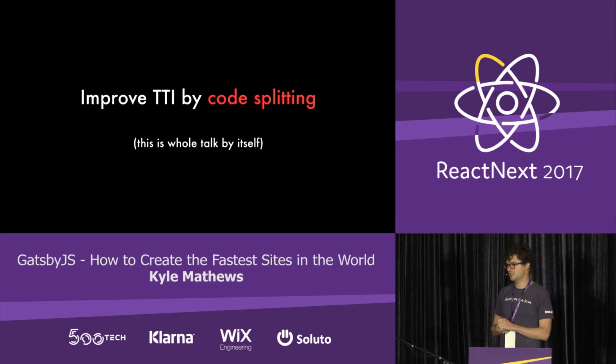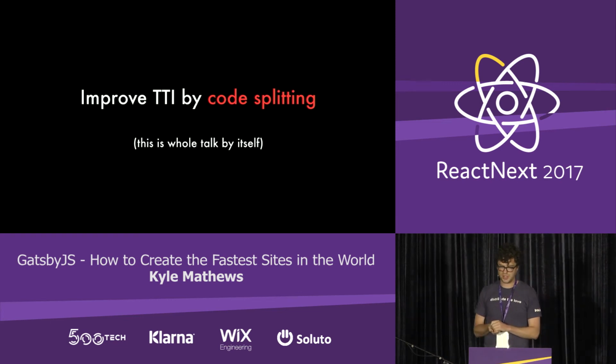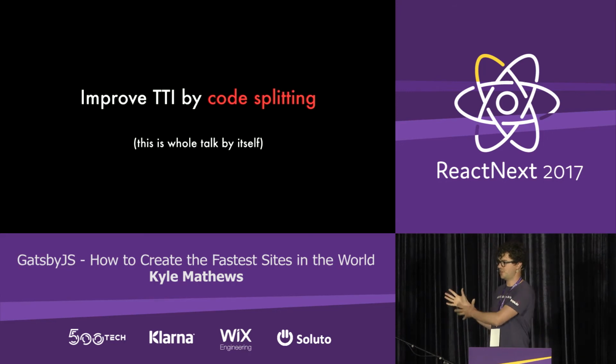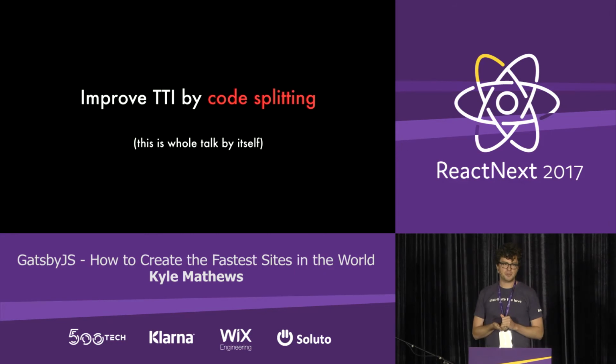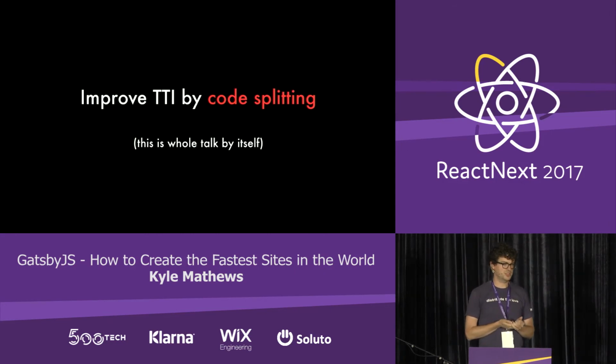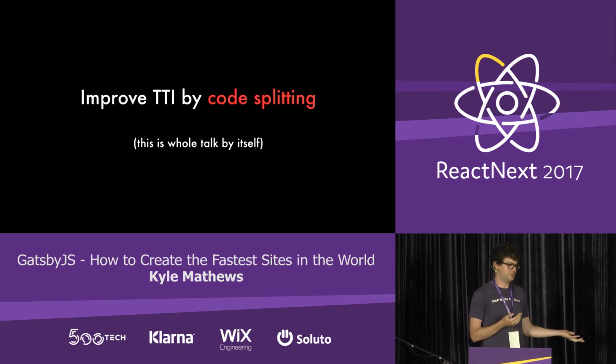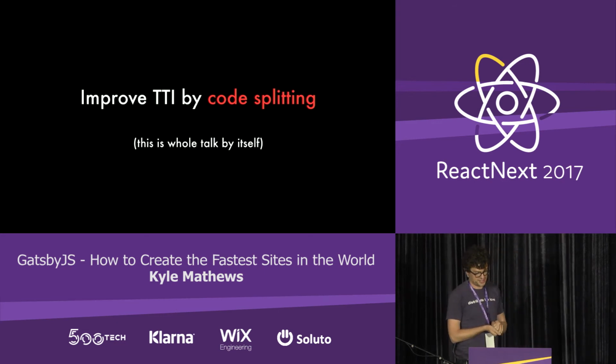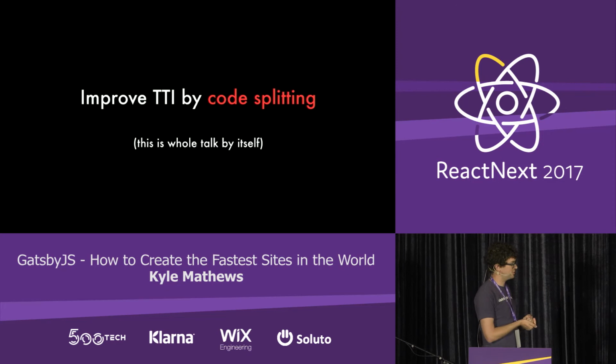Similar to the critical rendering path, you can think about what is the critical JavaScript. What is the actual JavaScript that's necessary for the page that's being loaded? Whenever possible, you don't load JavaScript that doesn't need to be run. Like I said there in parentheses, this is a whole talk by itself.